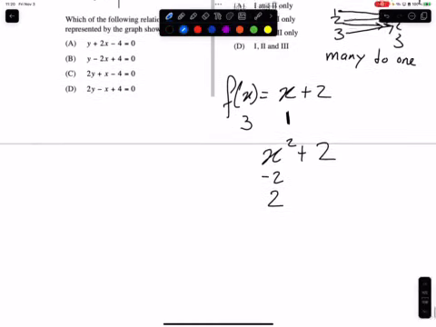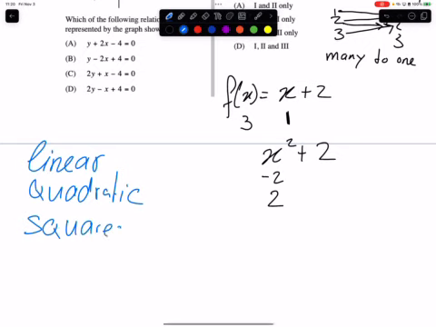You have different equations. You have linear. You have quadratic. You have square root. All of those represent a different function diagram.